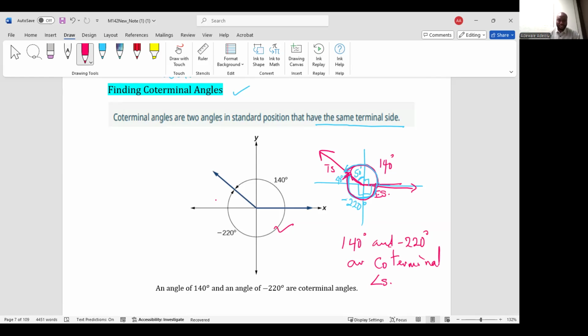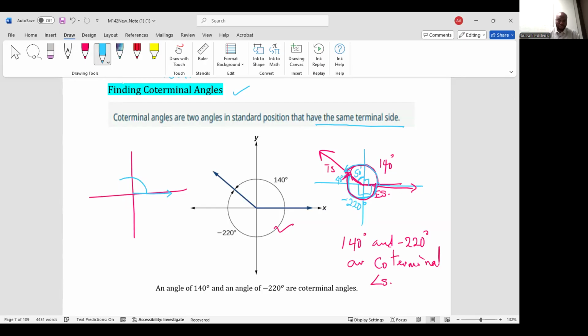Now, what about something like this? Let's say I'm starting from here, as I should. Then I move this way. It is more than one. I move again. Okay, so I move from here.